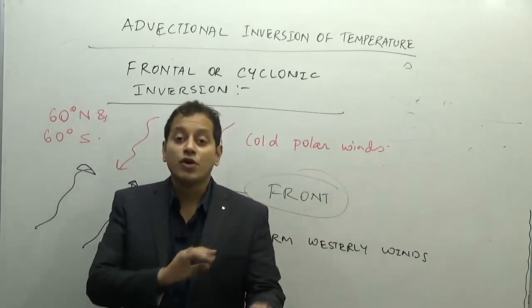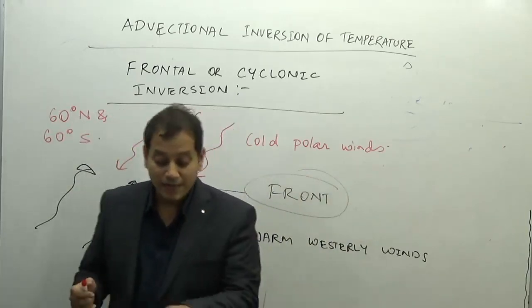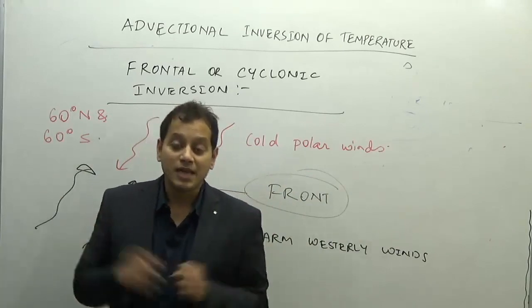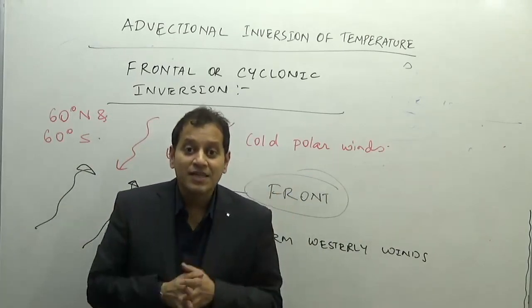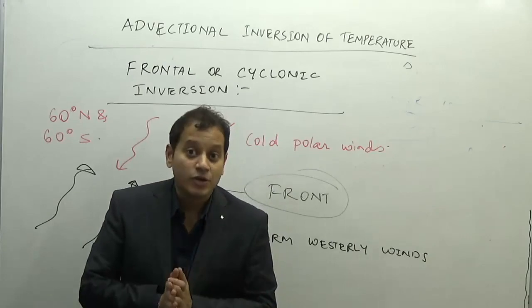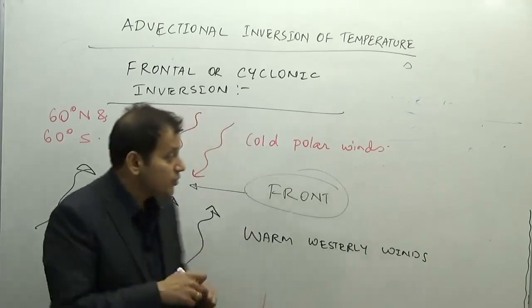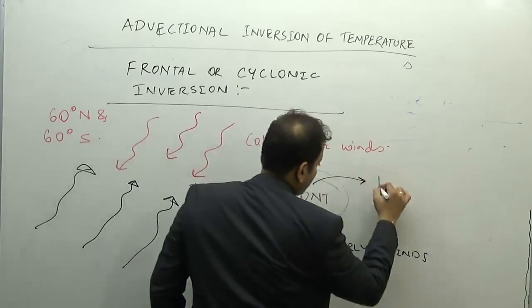This is just for you to understand what I mean by the cyclonic inversion. And the fronts give rise to cyclones. But what kind of cyclones? They give rise to temperate cyclones.